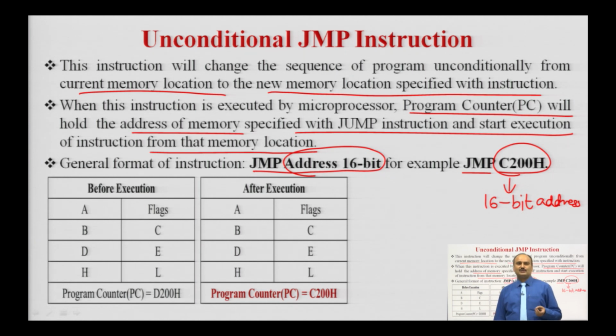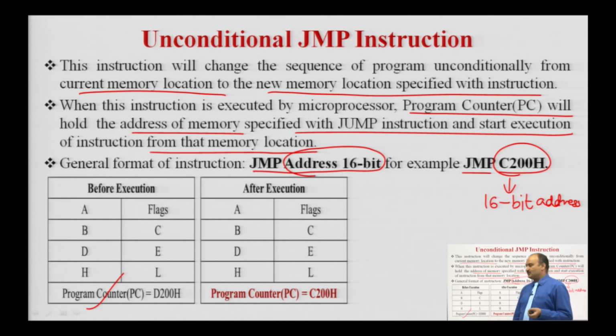Before the execution of this instruction, let us see the content of the program counter. The program counter holds the address of the memory location from where the microprocessor will start execution. Before the execution, let us suppose the content of the program counter is D200H. This is the memory location where the processor is executing the current instruction.